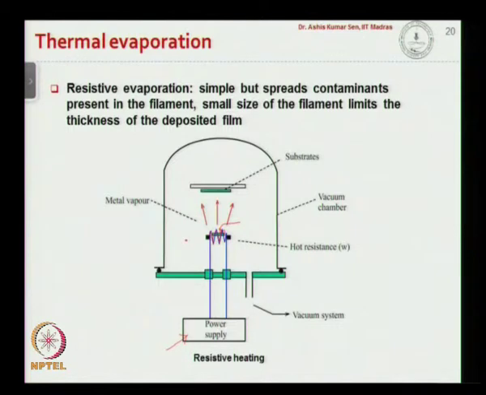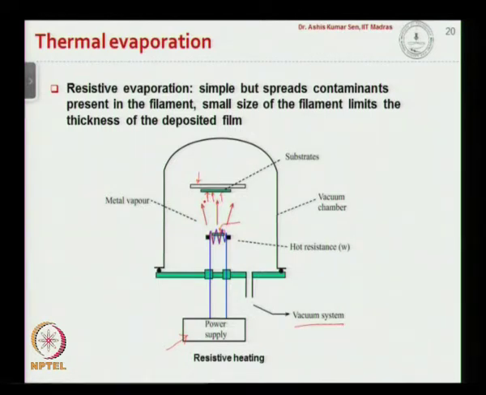Everything is enclosed in a chamber connected to a vacuum system, and here you have a platform that supports the substrate on which you are trying to deposit this metal. The metal evaporates, and in vapor form it comes and gets deposited onto the top surface of the substrate.